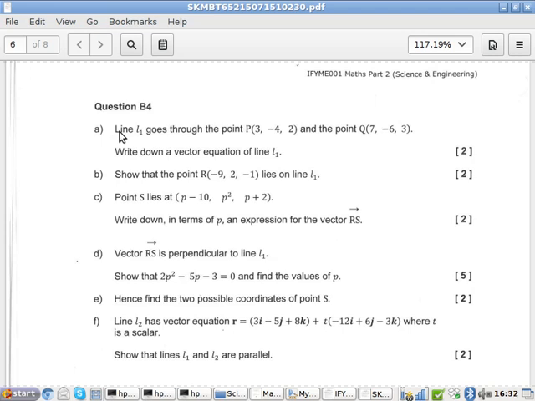It's a linear line, not a curvy line. If it's an X and a Y only, that's what I meant. Go back to the question.